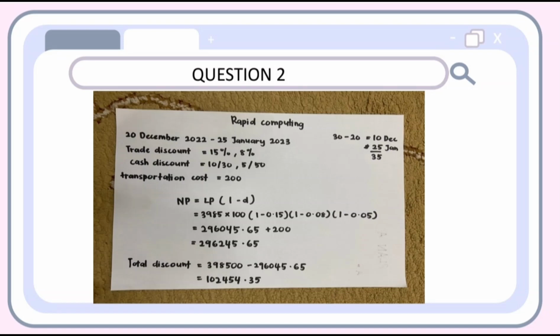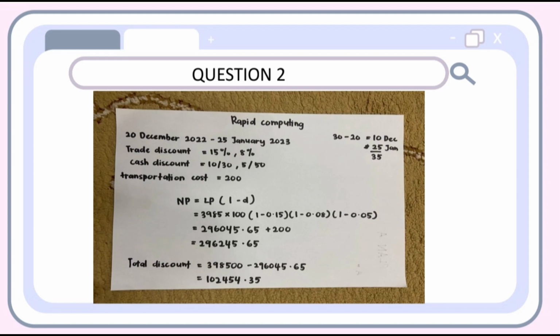Then we calculate for Rapid Computing. Their original price is 3,985 ringgit and they give 15% and 8% for trade discount. So we use the same formula. 3,985 multiplied by 100 times 1 minus 0.15 times 1 minus 0.08 times 1 minus 0.05 equals 296,045.65 plus 200.